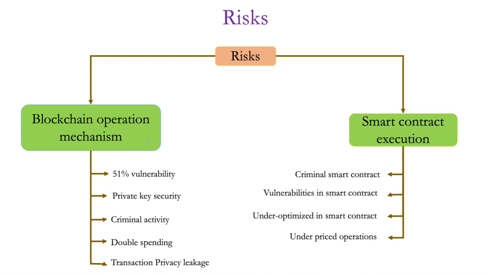And another one is the vulnerabilities in the smart contract, which are caused by your program design flow, and the under-optimized smart contract risk, which is caused by your program writing flow, and the underpriced operation, which is caused by one of the applications of your blockchain, the Ethereum virtual machine, that is, Ethereum virtual machine design flaws. So we'll try to address these one by one.